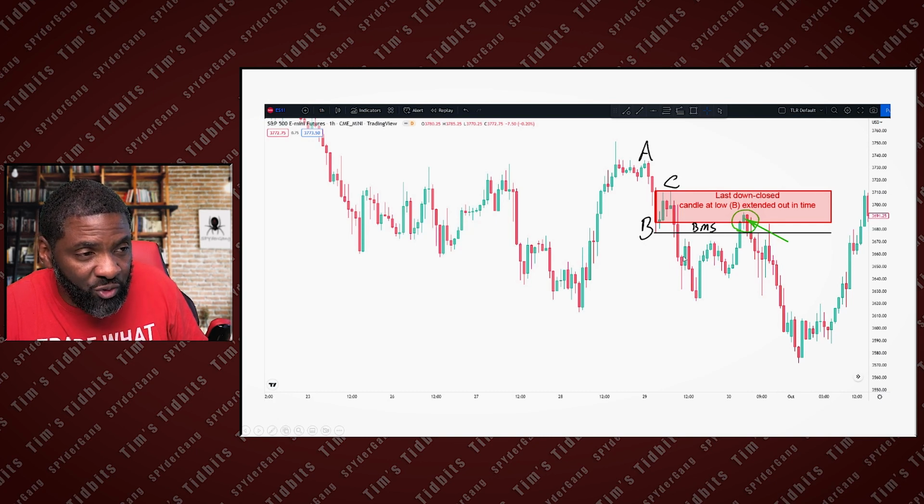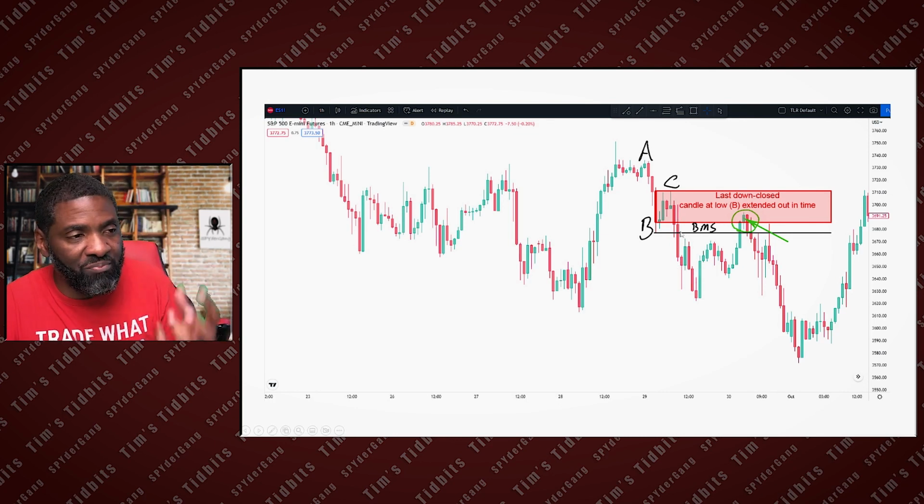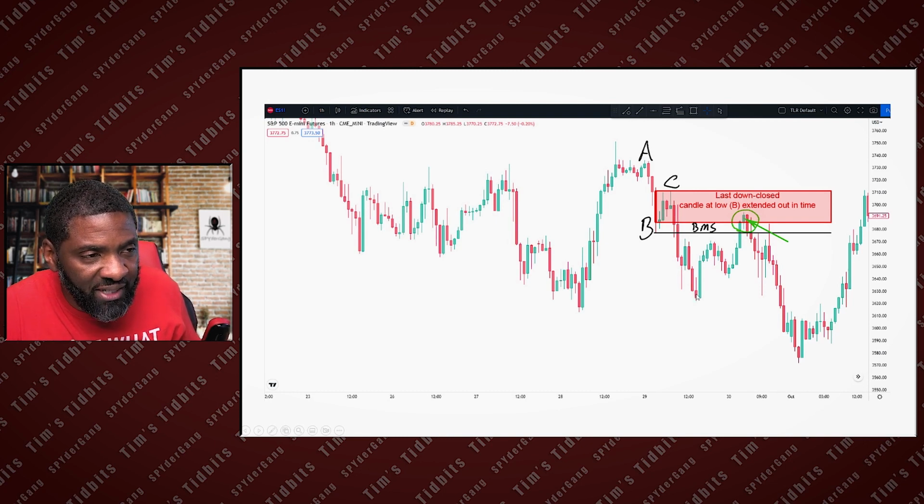Then we get heavy distribution. See the heavy distribution? That's what I like to see. The heavy distribution, meaning big institutional money moving the market heavily. Once the market trades back up, here's your breaking structure right there. We break structure, keep going down.